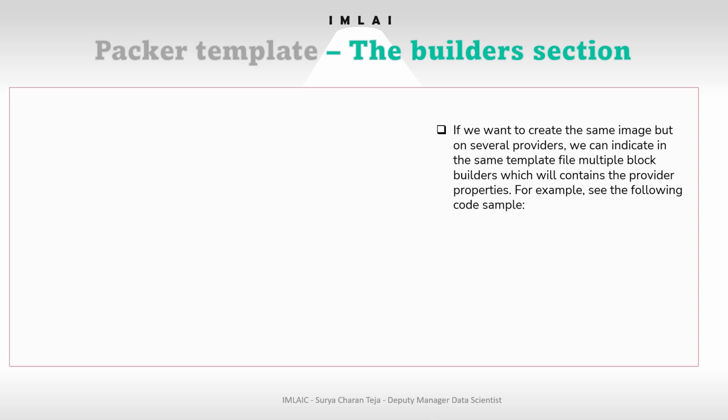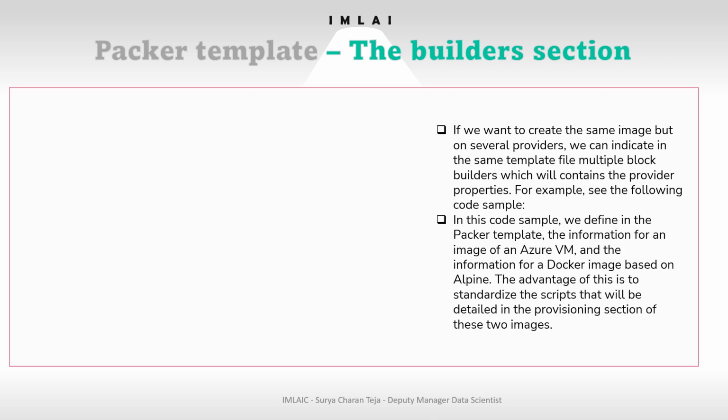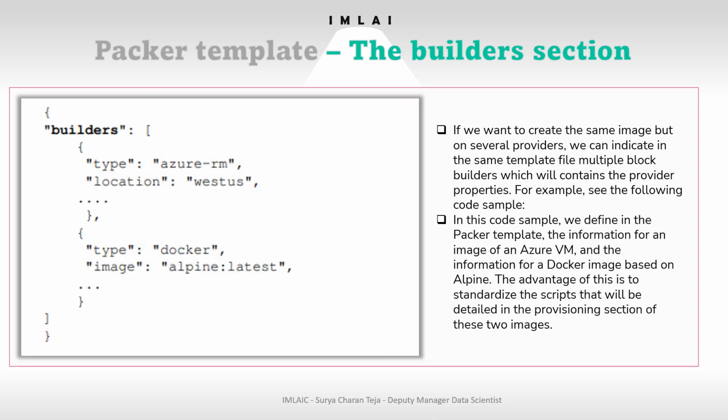The template file remains the same, that's why we call it a single resource. You will have only one configuration file, but you can use it for any number of builders, which will contain the provider properties. Just see the code visible on the left side.